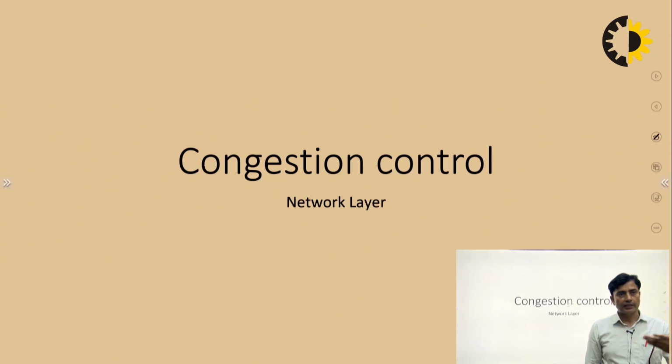When we deal with congestion, we have different policies. When we are dealing at the network layer, we have a different policy than when we are dealing with the transport layer. So here we are discussing the network layer.